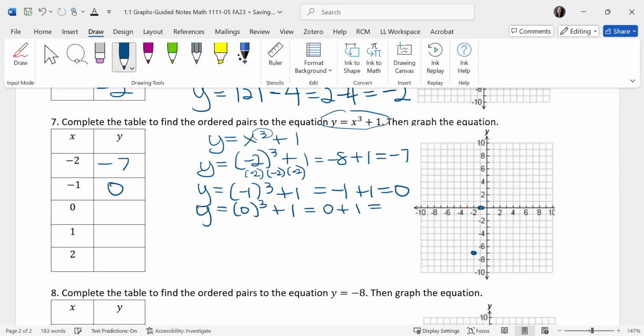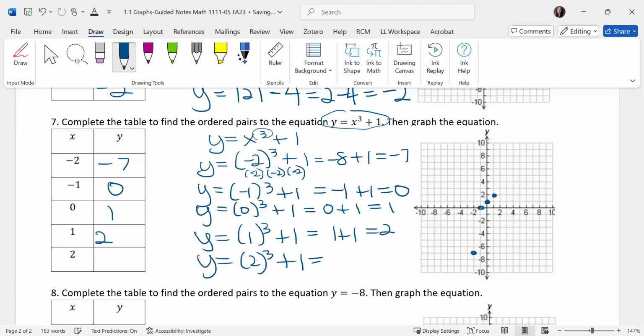So that's easy, right? 0 plus 1 is 1. So when x is 0, we have 1. We have y equals 1 to the third plus 1, and that's 1 plus 1, that's 2. So 1, comma, 2. And then the last value, y equals 2 to the third plus 1 is 8 plus 1, which is 9. So 2, comma, 9 is right there.